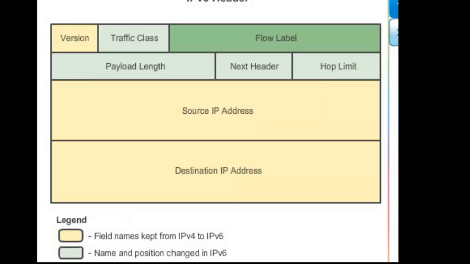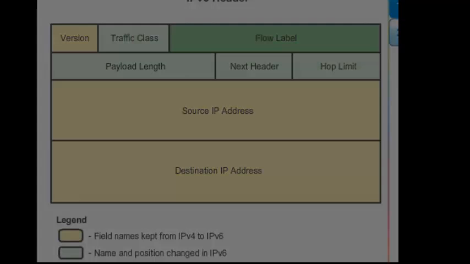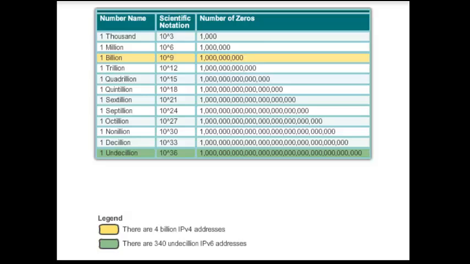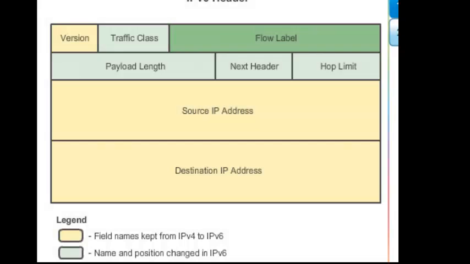NAT is network address translation, because with IP version 6 there are a large number of public addresses, there is no need for using network address translation. And also there is integrated security. IP version 6 natively supports authentication and privacy capabilities.